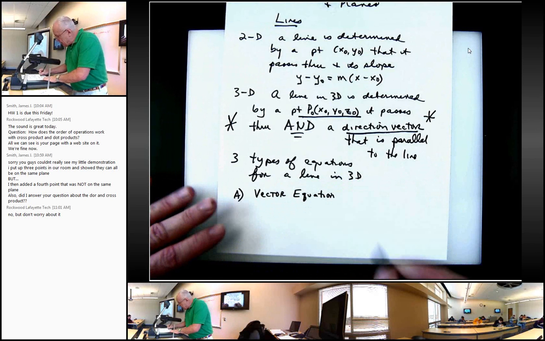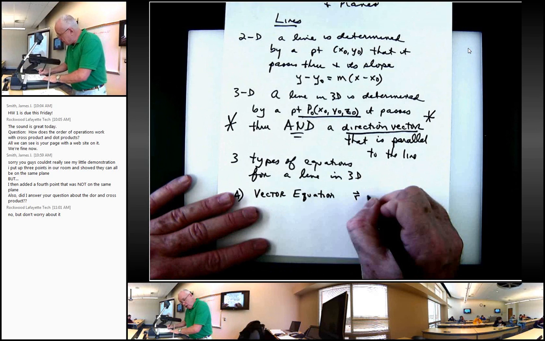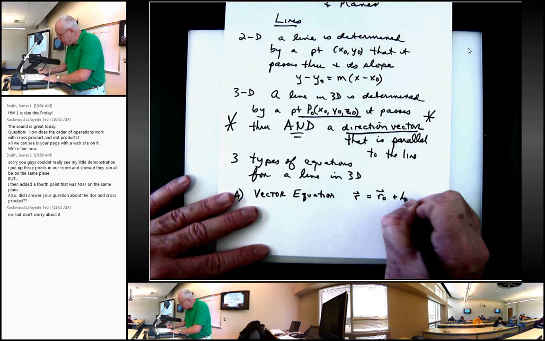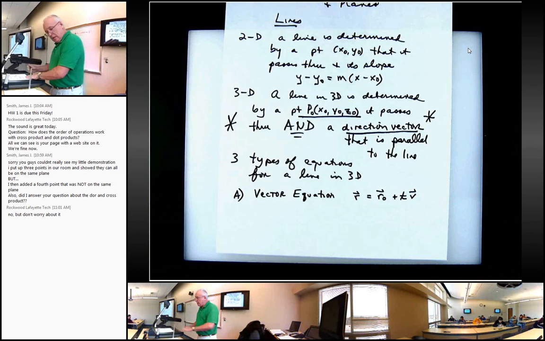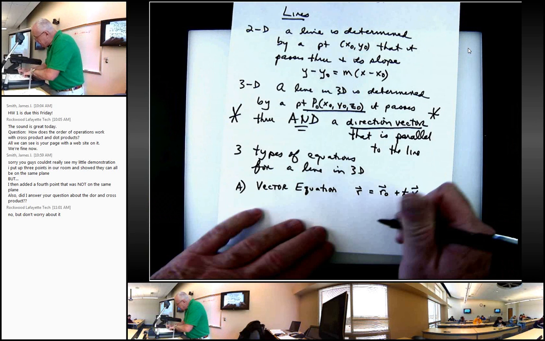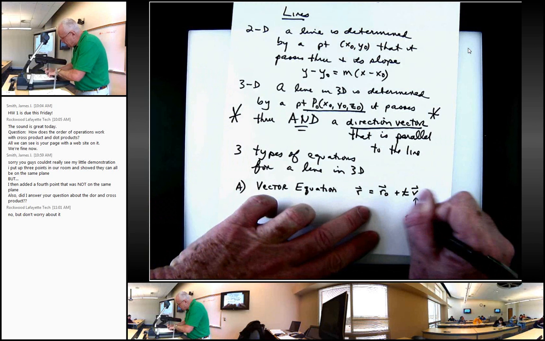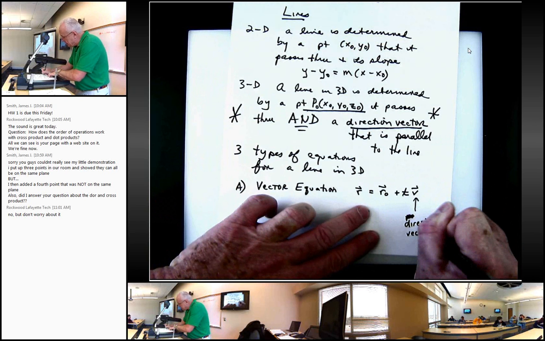And let me just write it down here. This is r equals r naught plus a variable t times a vector v. This vector v is our direction vector. t is our variable.